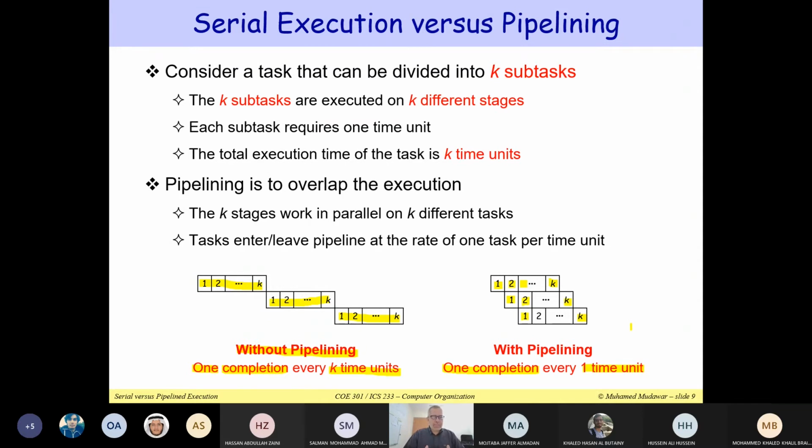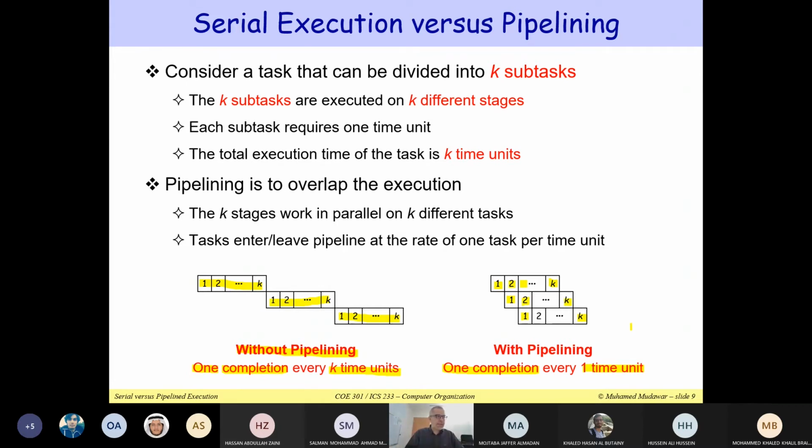By the way, people have discovered pipelining since the early days of computing, or even before that. People in the industry have used pipelining. For example, if you look at the auto industry, there is always some kind of a pipeline. In any industry, there is something called the assembly line.